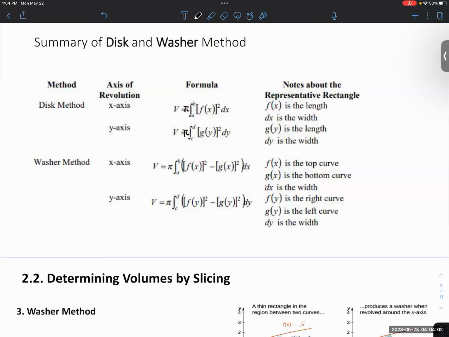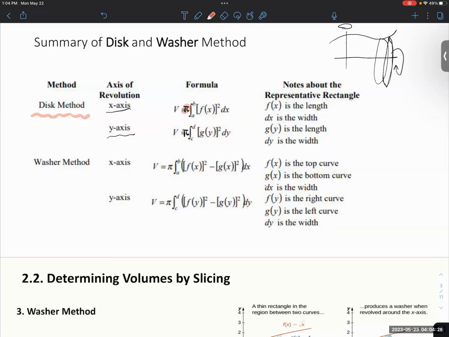If you remember in the disk method, you have a function, and then you can rotate it about either the x-axis or y-axis. When you rotate the function, it's going to create a circle cross-sectional image. Everybody knows that the area of a circle is pi r squared.